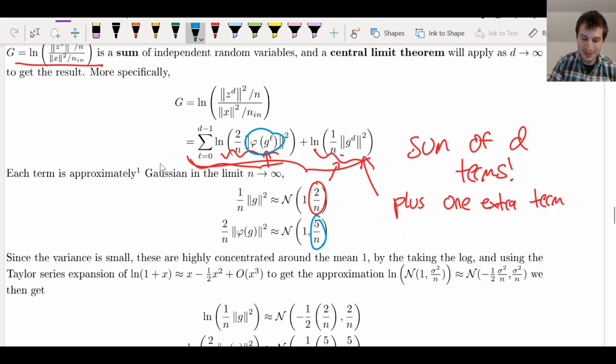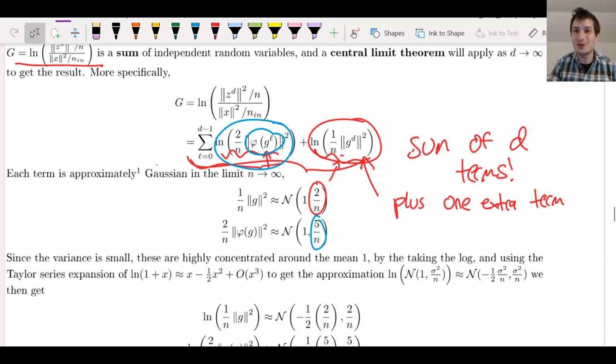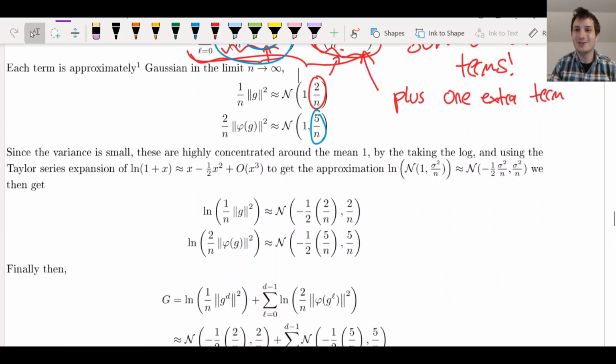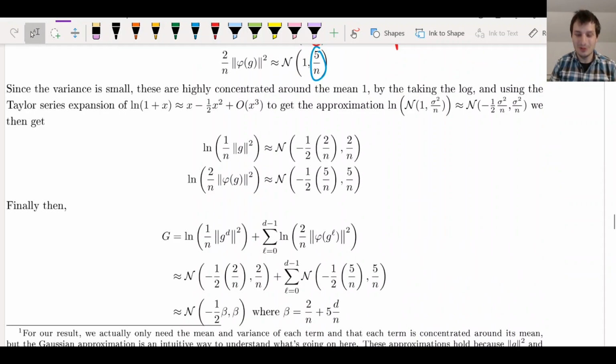So these terms over here, there are D of them. They each have a variance of 5 over n. This term, rather, there's only one of it, and it has a variance of 2 over n. And so if you take the log and you keep track of what's going on, you'll see that at the end of the day, what you get is a sum of Gaussians. There are D of them that have a variance of 5 over n, plus one extra term, which is a Gaussian of variance 2 over n.